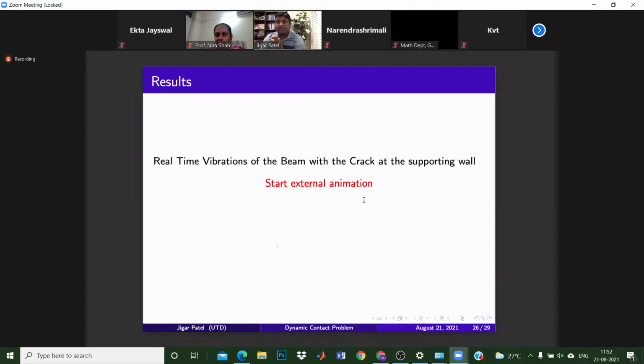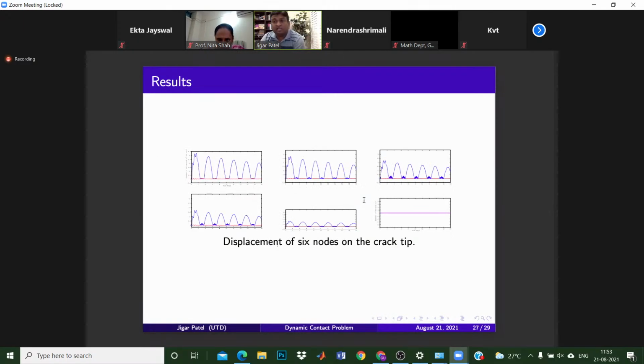As I said earlier, when the crack closes, the nodes sitting on the crack tip are hitting the wall with non-zero velocity, and there is some kind of energy dissipation. So the question is, is it possible to see the effect of this hitting?